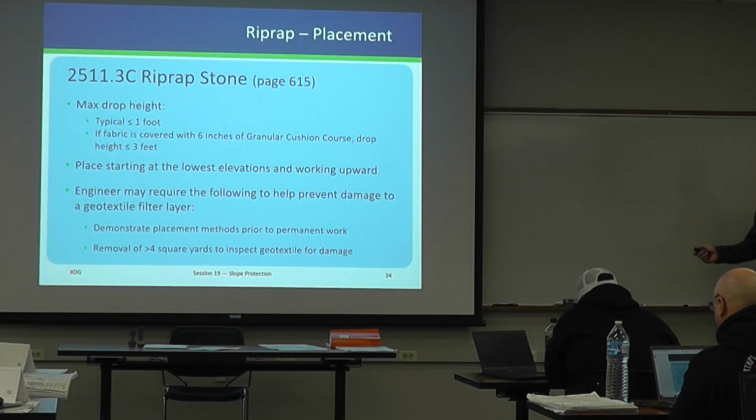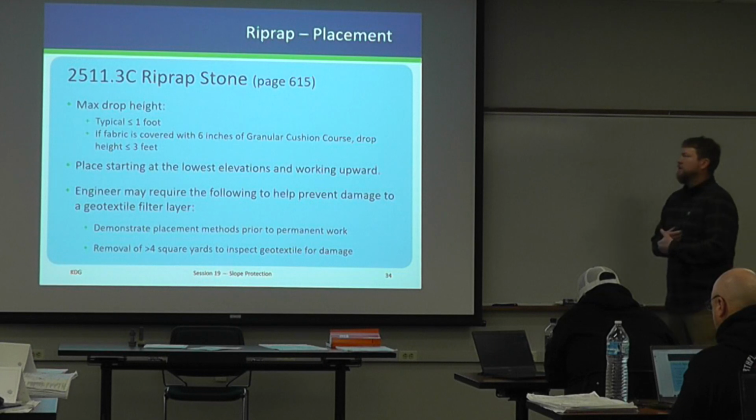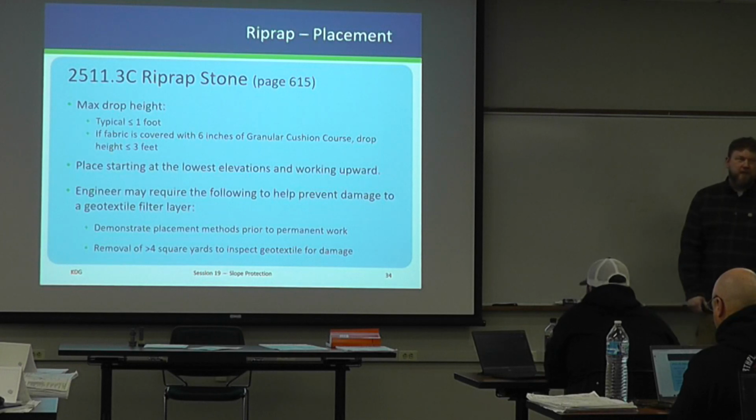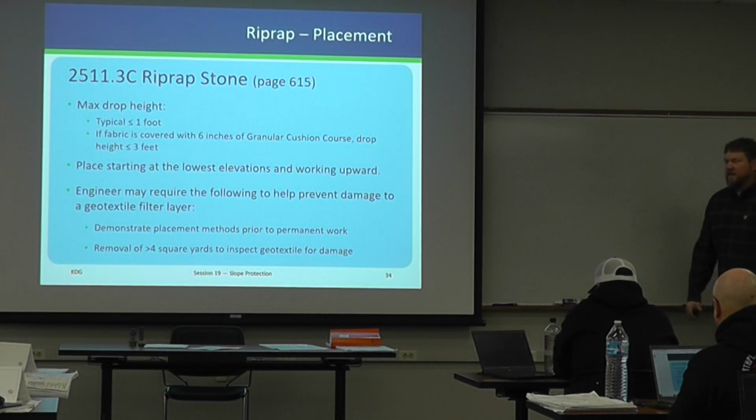If there's a granular cushion called for in the plan, if it's 6 inches thick, then you can increase that to 3 feet. Obviously, that 6 inches of granular cushion helps minimize that risk. And then, let gravity be our friend. Let's start at the bottom and work our way up. Contractor's going to do that anyway, just because it's going to give them the best access. But that's just how it gets placed.